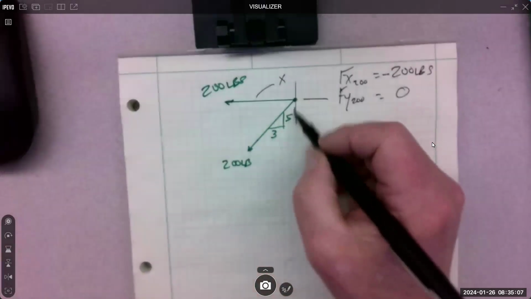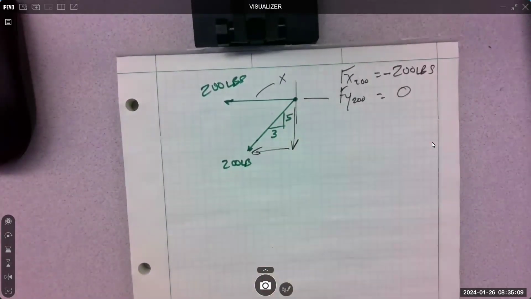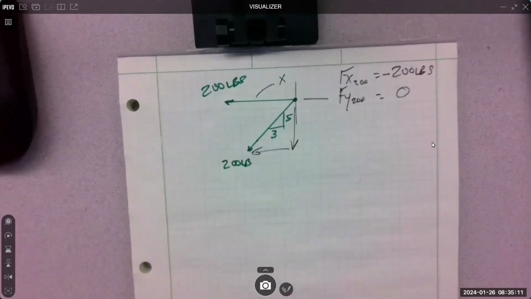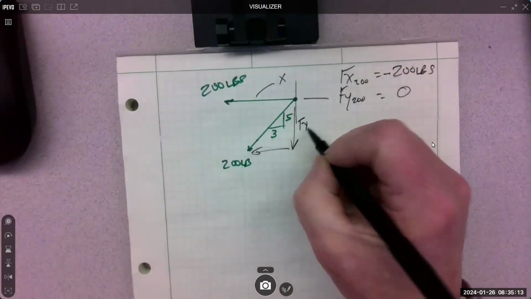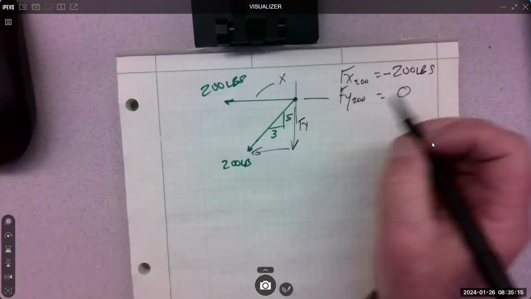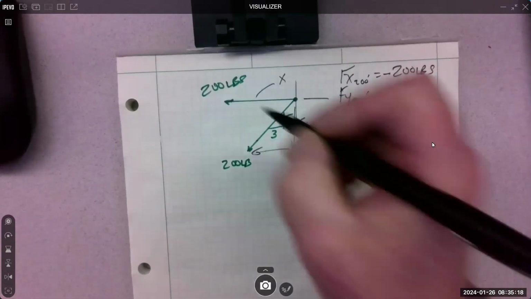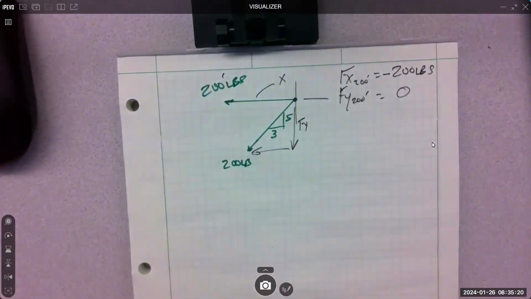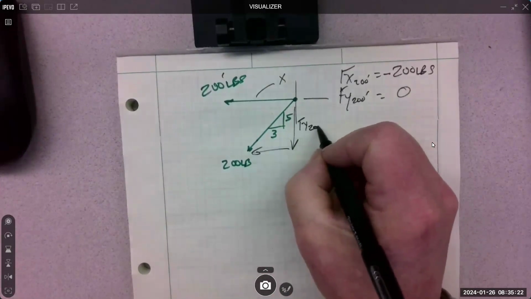So then the only challenge is to find this one. This one has 2 components, down and over. I'll make this one prime, so now this one is just 200.